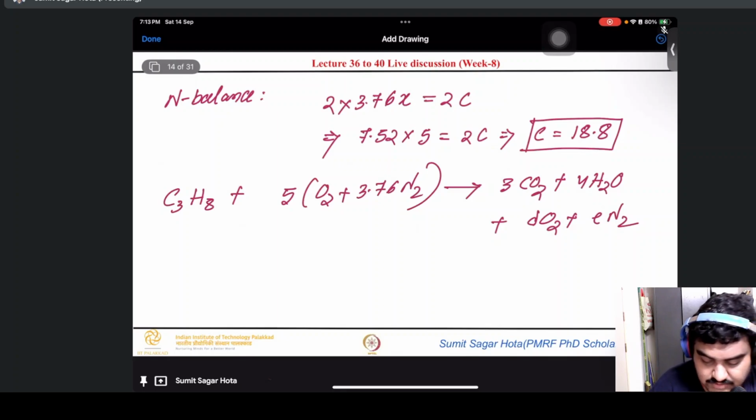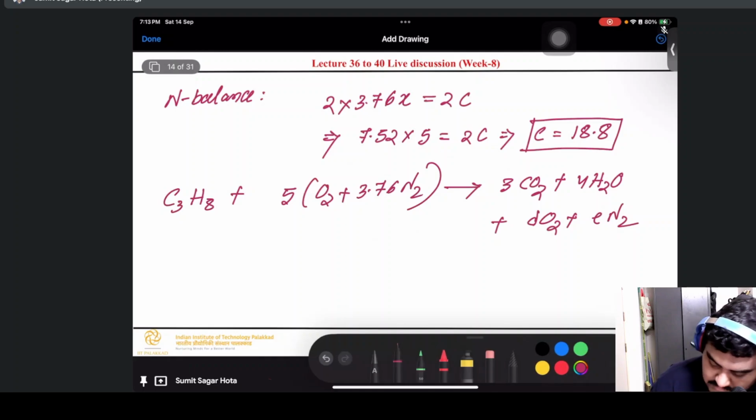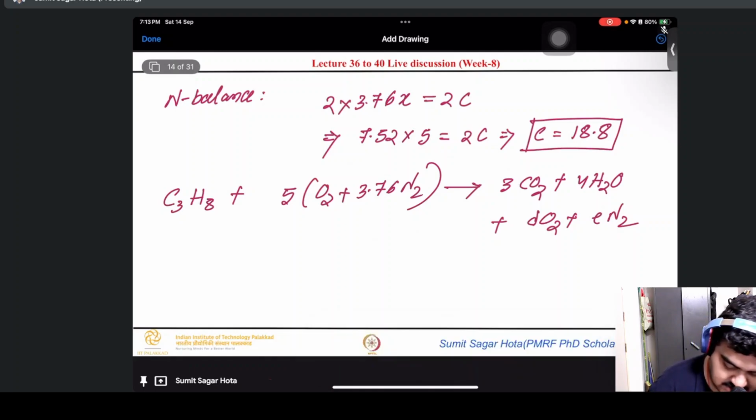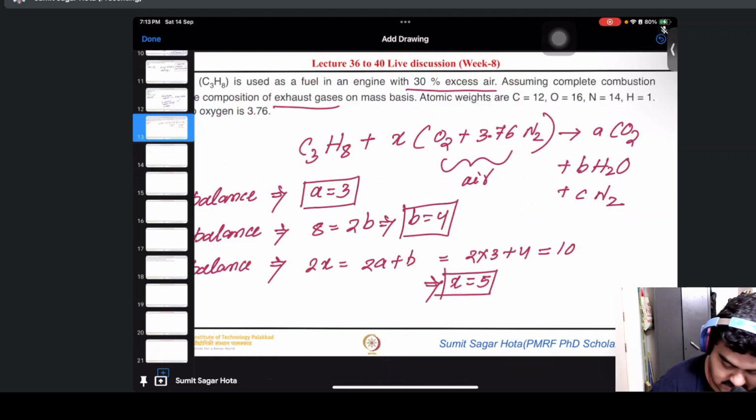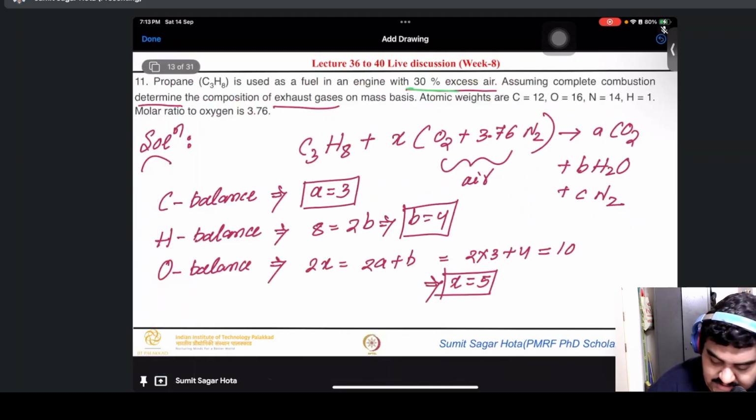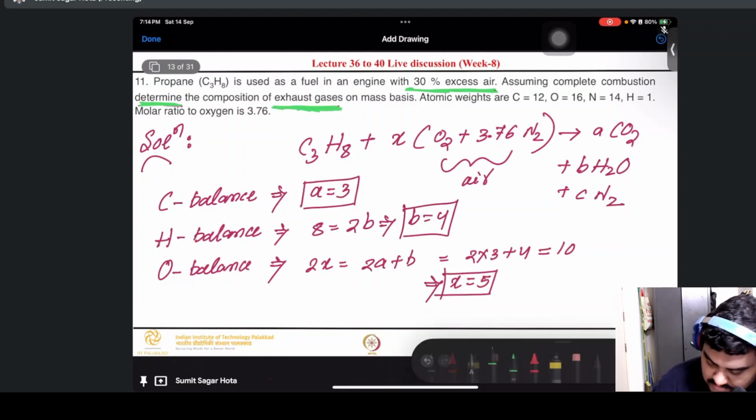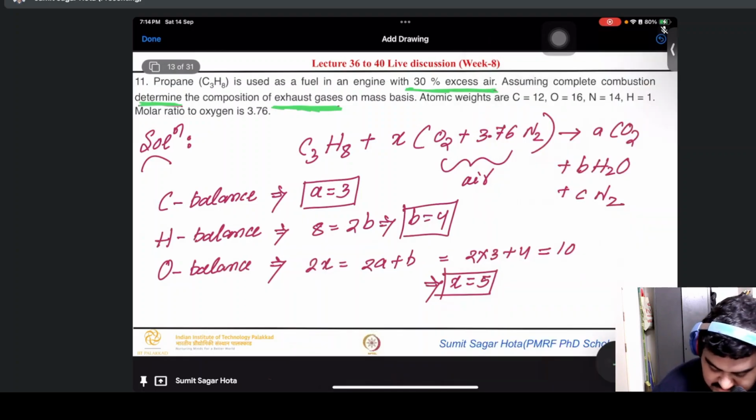Now you can see in the question it's written it's working with 30% excess air, so those things we have to now consider, and again we have to find out the exhaust compositions. That's the reason why I did this.